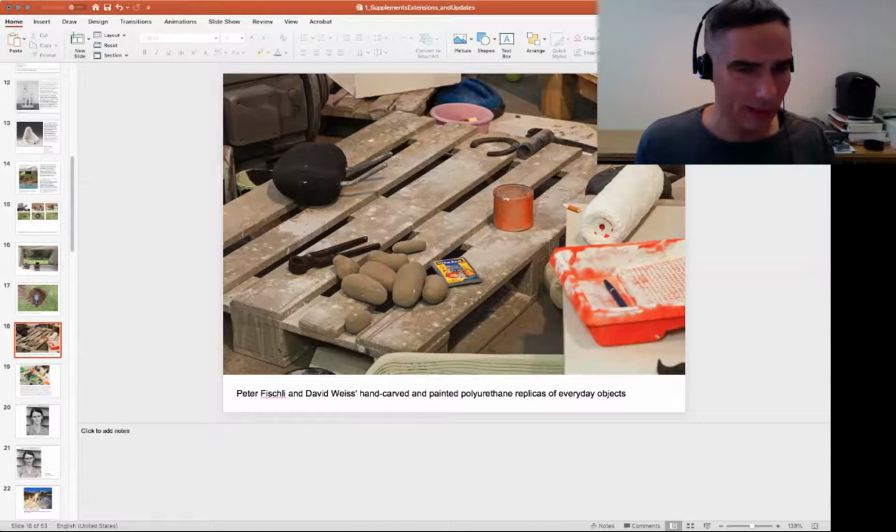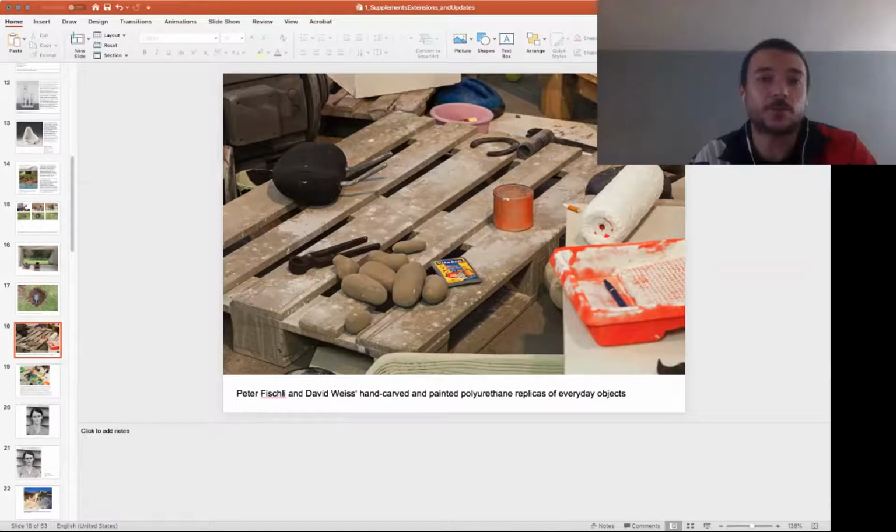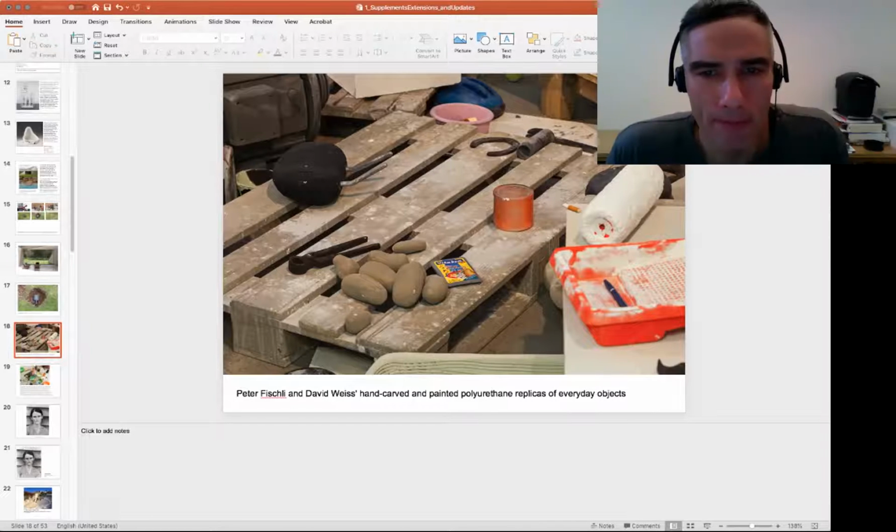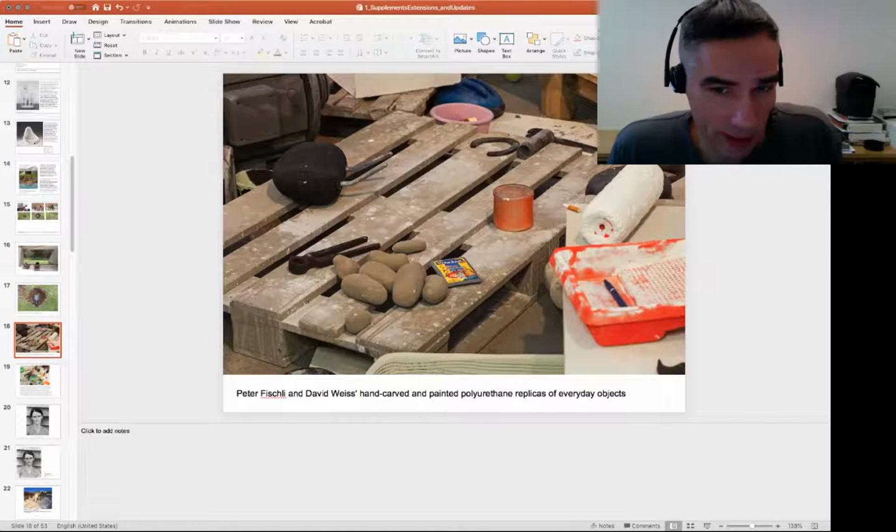One of them died, I think David Weiss, and Fischli is still around. Maybe two years ago. Okay. Through photographic documentation, you can see that this stuff just looks like the real, but it is in fact polyurethane replicas of their studio.